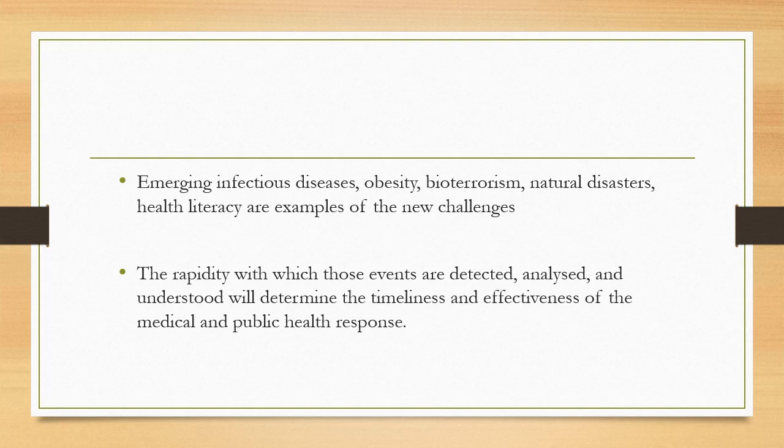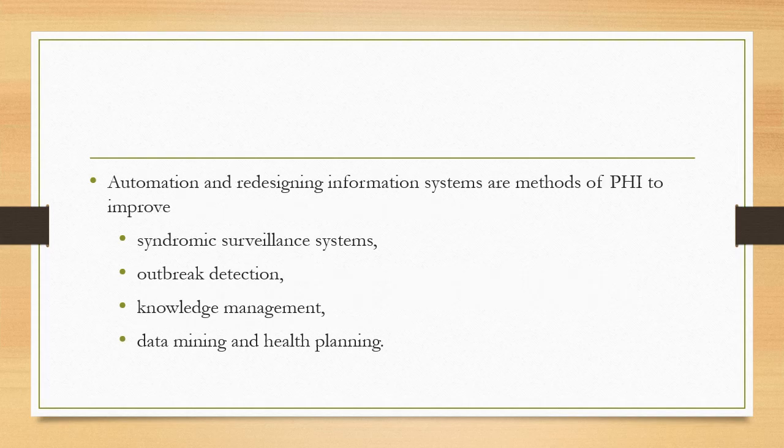So, automation and redesigning information systems are methods of public health informatics to improve syndromic surveillance systems, outbreak detection, knowledge management, data mining, and health planning.